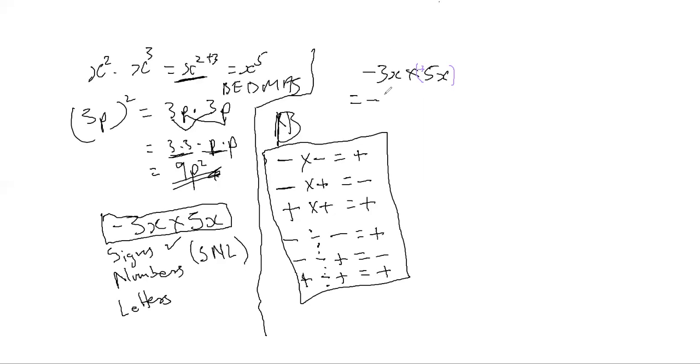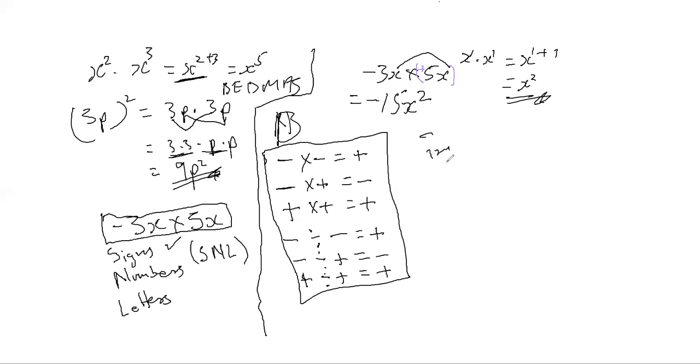Numbers, 3 times 5, 15, done. Letters, x times x is what? Is x squared. Remember, I told you we're now going to omit that step. But if you want to try that, there you have x times x. Remember, the exponent there is 1, the exponent there is 1. And law 1 says we must add those two, and that should give us an x squared.